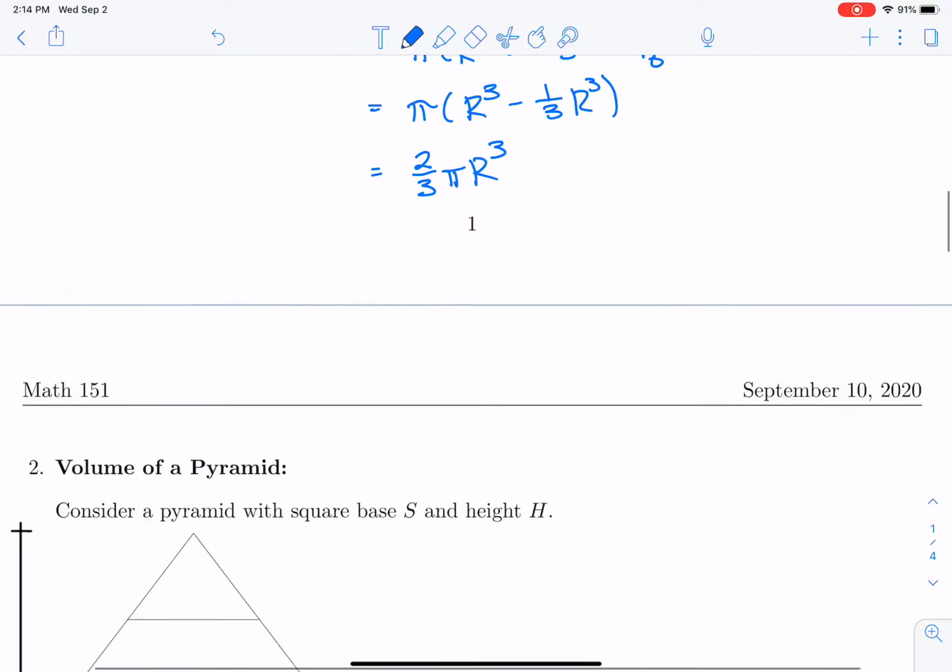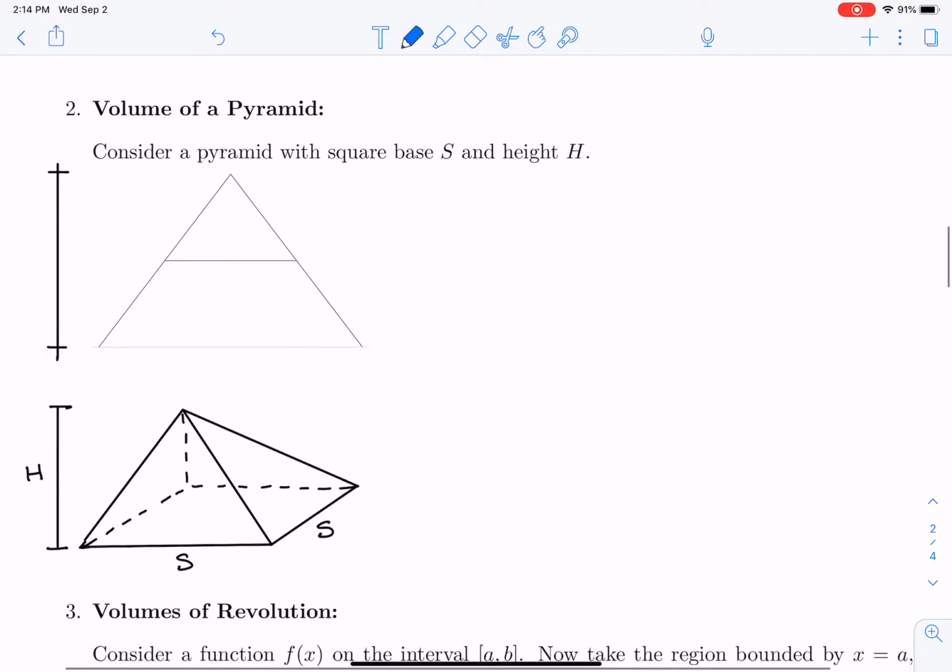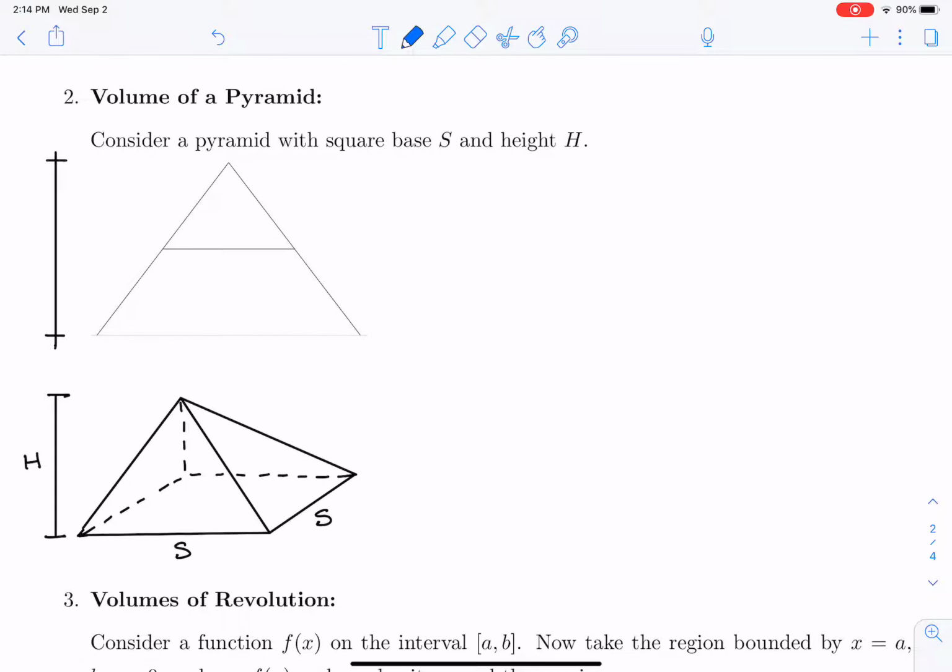Let's try the same technique for the volume of a pyramid. So what I want to do is slice up this pyramid horizontally into slabs.